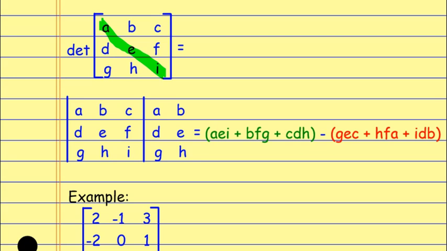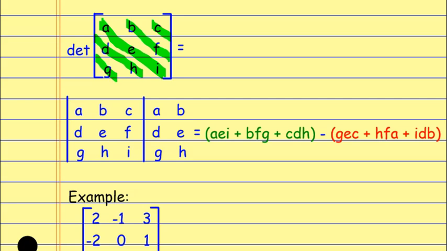The next step would start with this B, and as I go diagonally, I kind of run out of space, and when I hit this wall, I have to pop out at the same spot on the other side to continue that diagonal. And so that second diagonal is the B times the F times the G over the other side. Likewise, when I do this C, as soon as I hit this wall, I pop out at exactly the same spot on the other side to continue my diagonal. So that third diagonal is C times D times H.